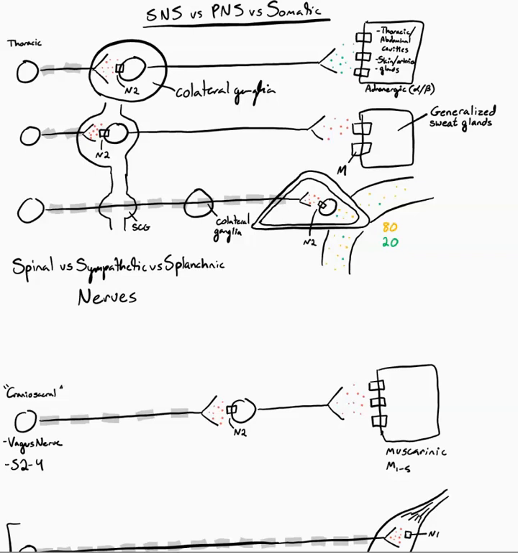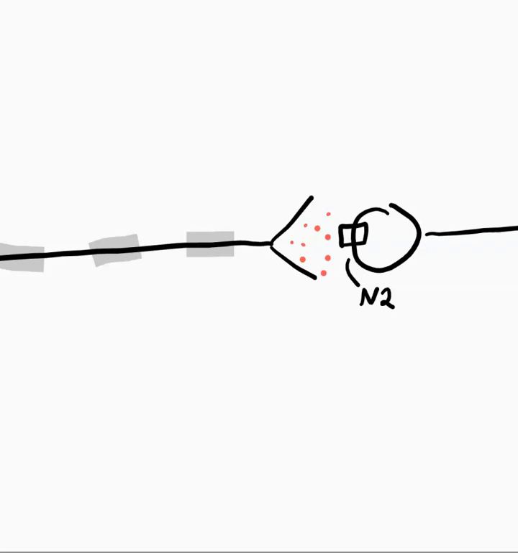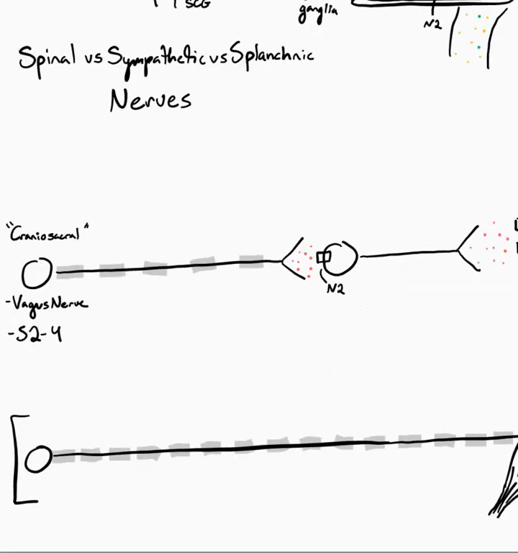And so both the parasympathetic and sympathetic nervous systems are going to have two neurons. You'll have your preganglionic here and your postganglionic here.